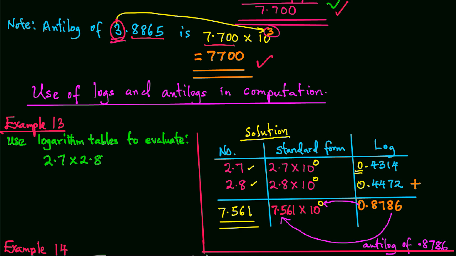2.8 in standard form is 2.8 times 10 power 0, and therefore our characteristic will be 0. Then point. From the tables, log of 2.8 is 0.4472. So if we combine 0 and 0.4472, we have 0.4472.